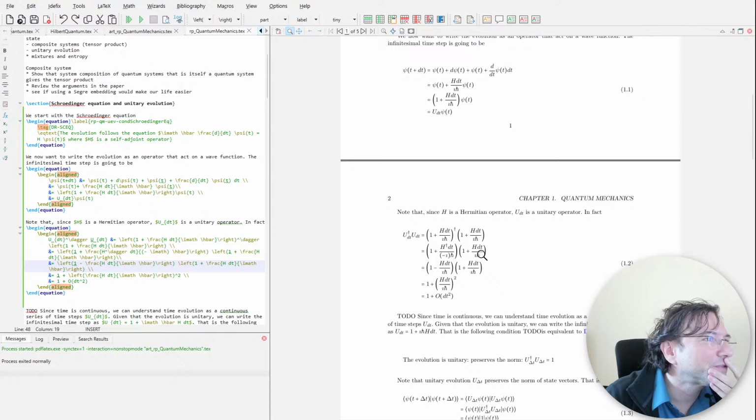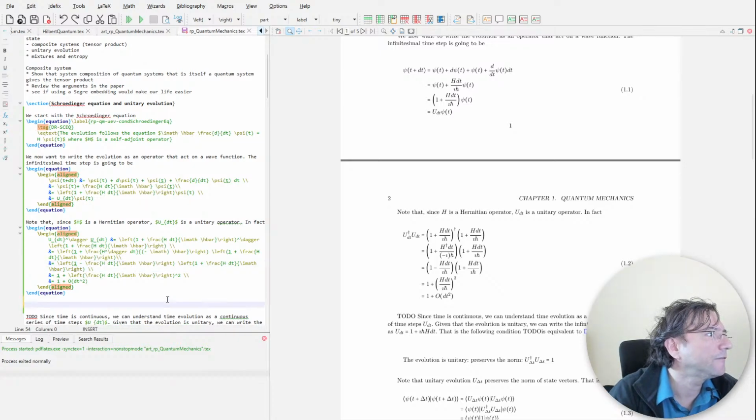Okay, so we proved that. Now we have to go the other way around and show that if we have an infinitesimal operator that is unitary, then it can be written in that form. This works the other way around.